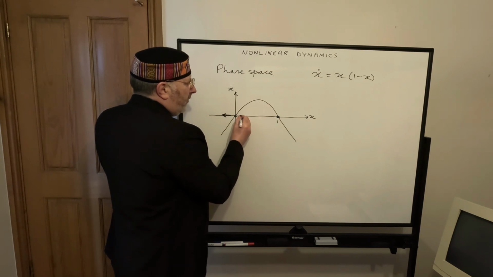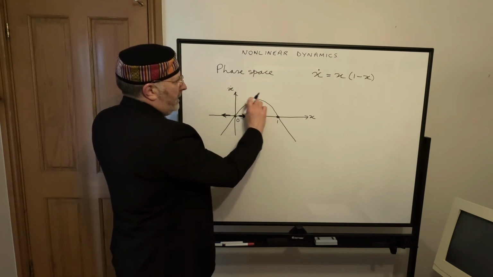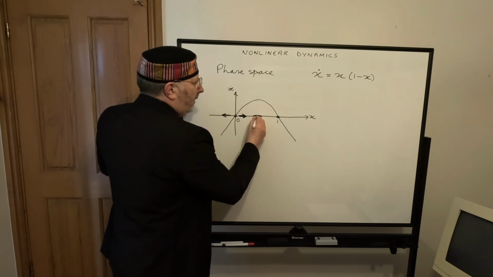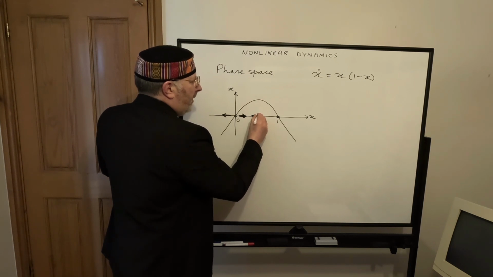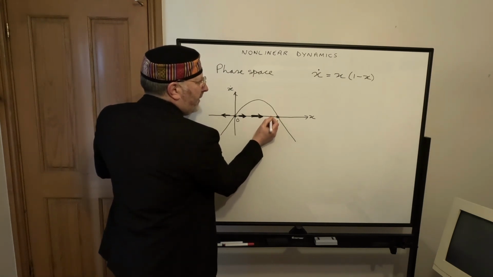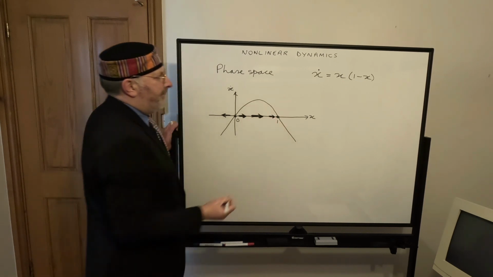So in this case, the system will be moving in the positive direction. What about here? Well, x dot is still positive, so it'll be moving in the positive direction. And we also see that it's at its maximum value. x dot is very large here, so we can draw a larger, longer arrow to represent that. And then as we get towards 1 here, still positive, but x dot's decreasing, so x dot will be a bit smaller. So we can have a small arrow there.